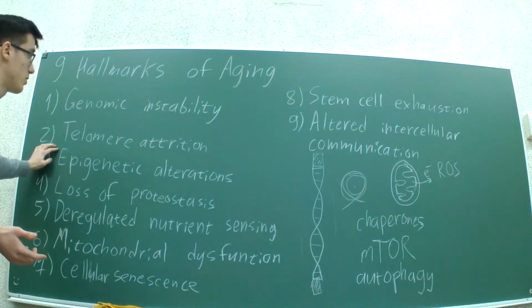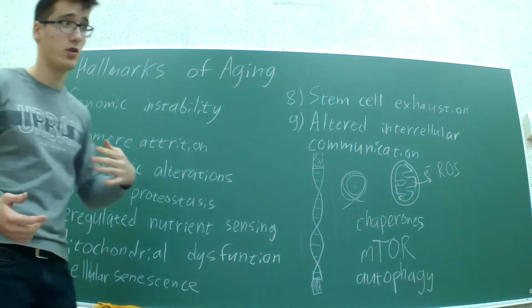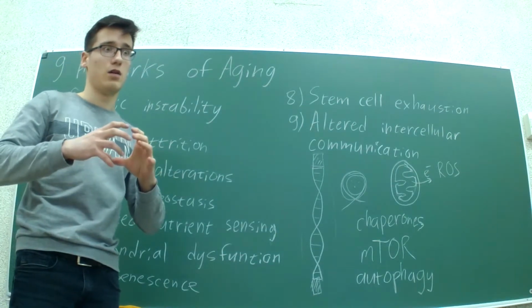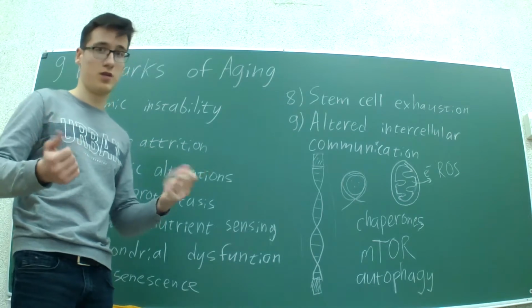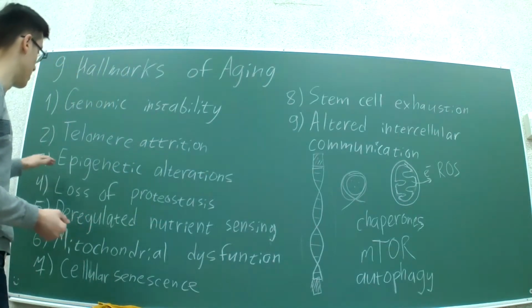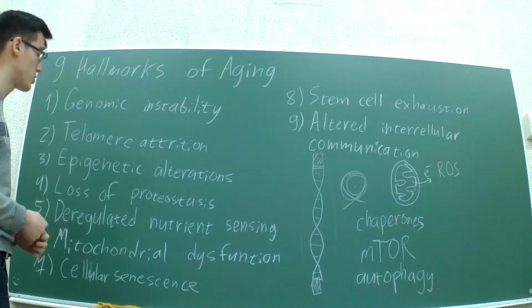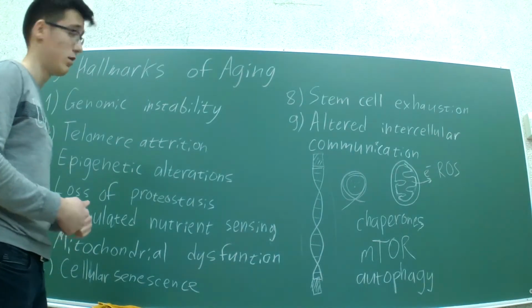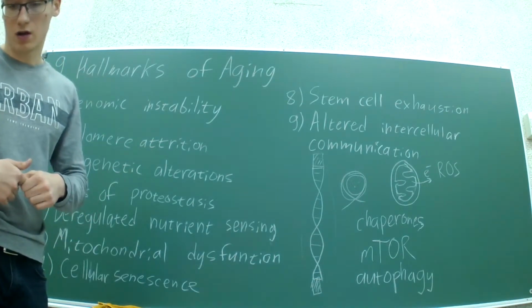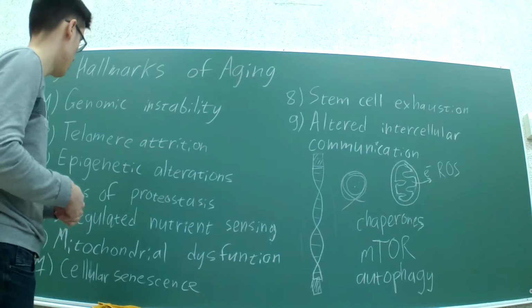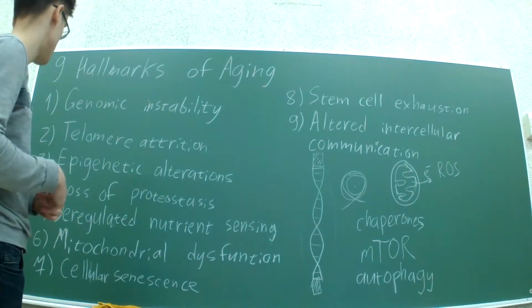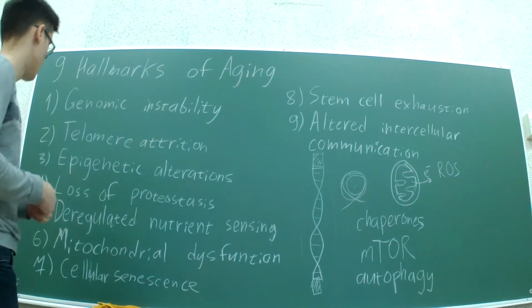Second one, telomere attrition. We can stimulate the production of telomerase and lengthen our telomeres. Third, epigenetic alterations. Well, there are drugs that reverse those alterations. We can use them.